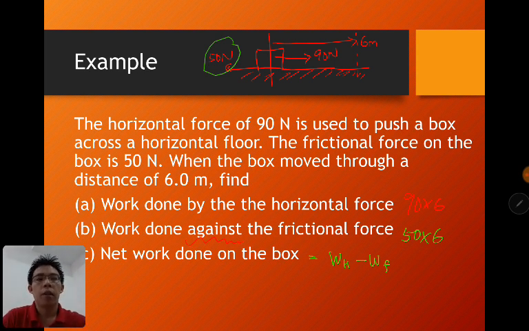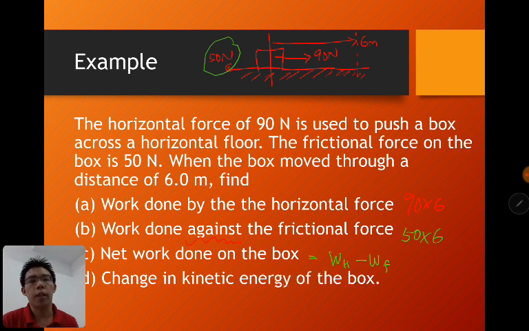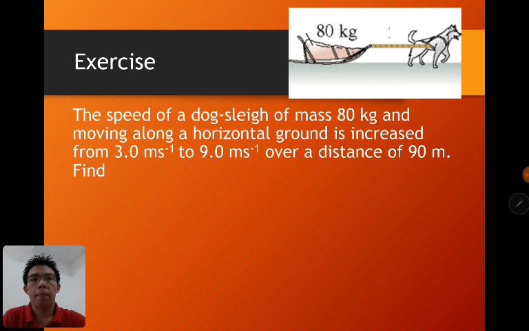Okay, so change in kinetic energy of the box. So remember, if there's no other types of change of energy, this will cause only the increase in the kinetic energy, because we see that 90 Newton is bigger than 50 Newton and its work done is more, and therefore that is the answer that will be the same as part C.